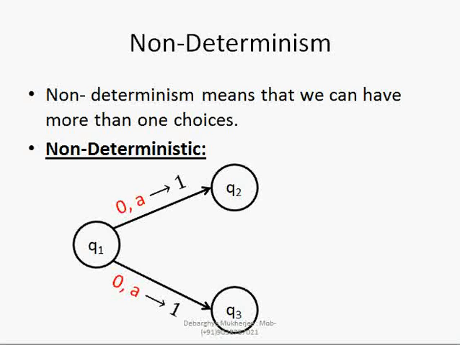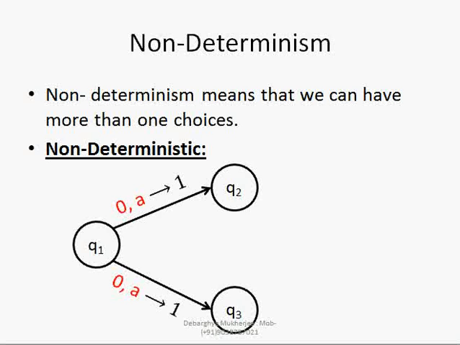Now basically, a non-deterministic PDA means that we can have more than one choice. Any NFA has a nature that for the same input over a particular state we can have two transition functions.